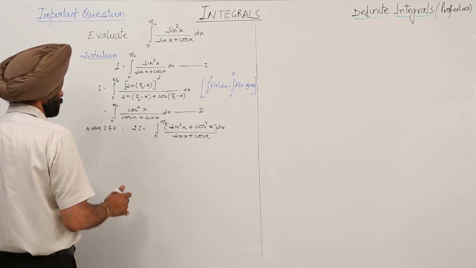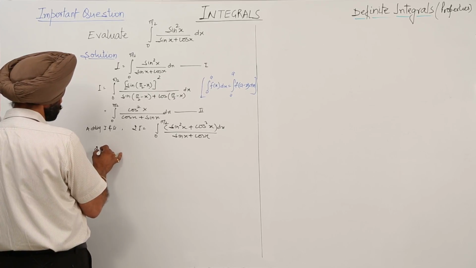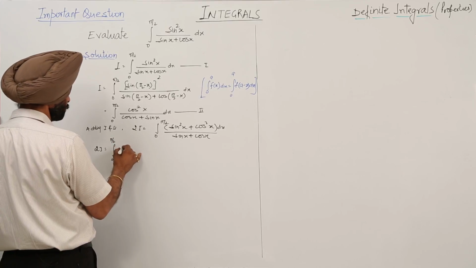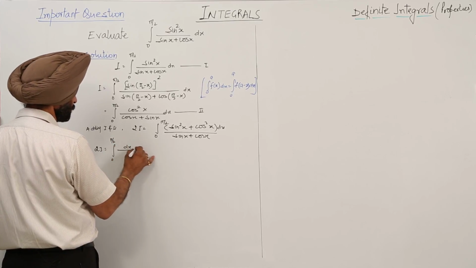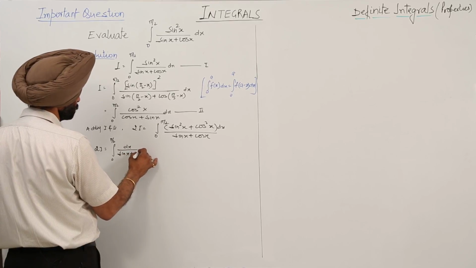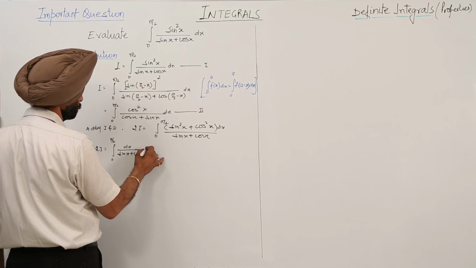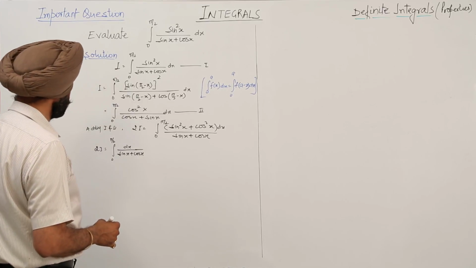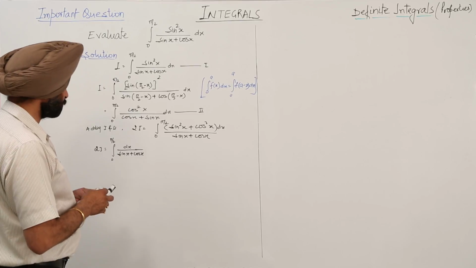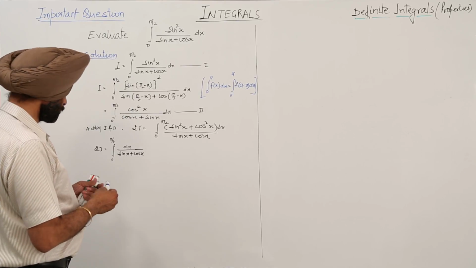Now this becomes 2I is equal to integral 0 to pi by 2 of dx upon sin x plus cos x. Now for here we are having dx upon sin x plus cos x.